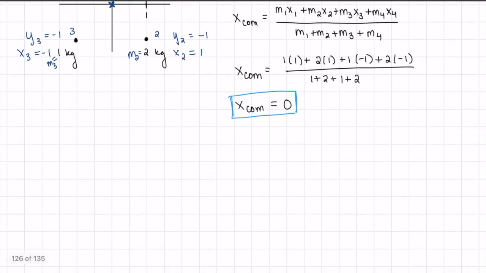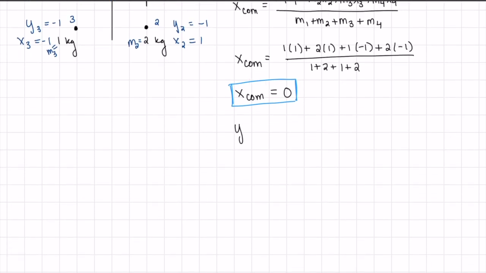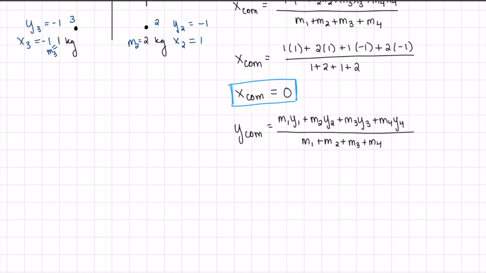And let's see about the y center of mass. So our y center of mass is m1 y1, m2 y2, m3 y3, m4 y4 over m1 plus m2 plus m3 plus m4.